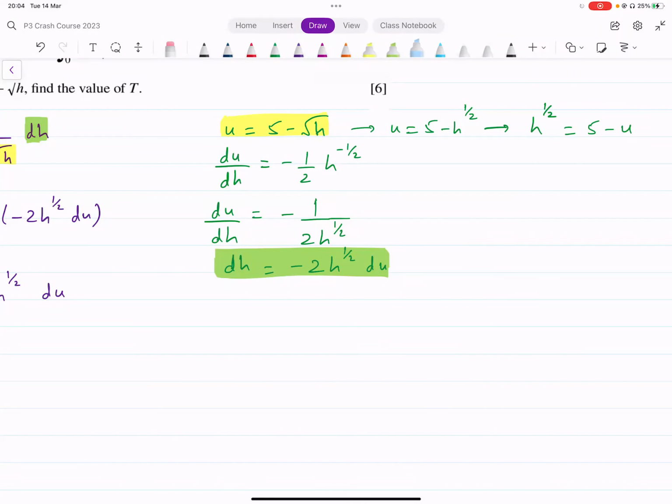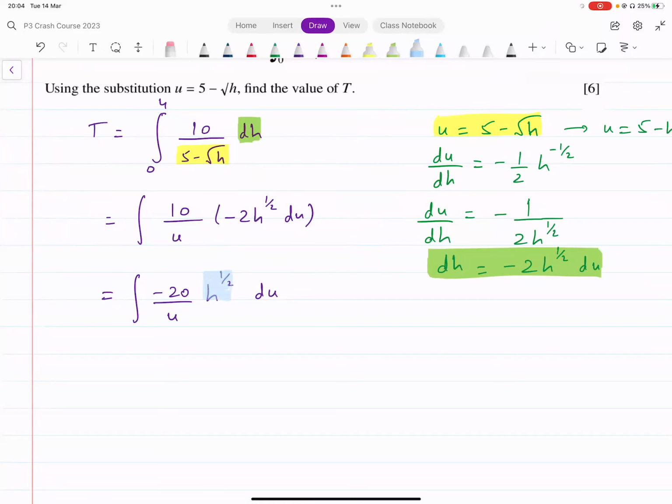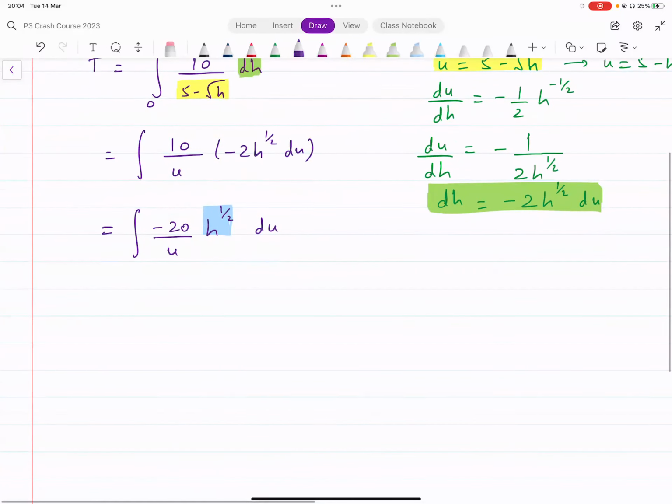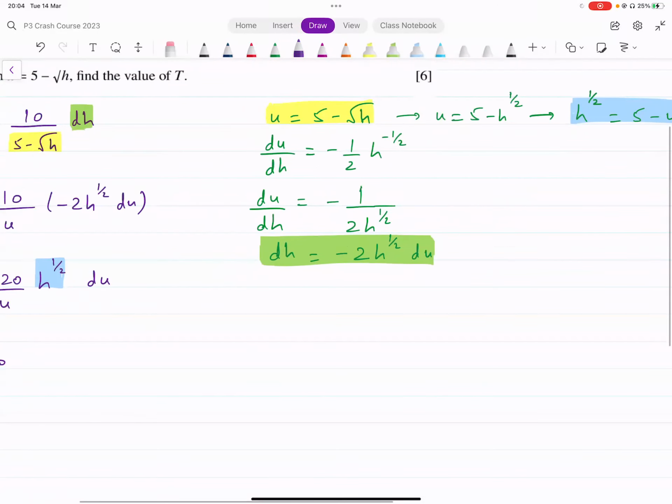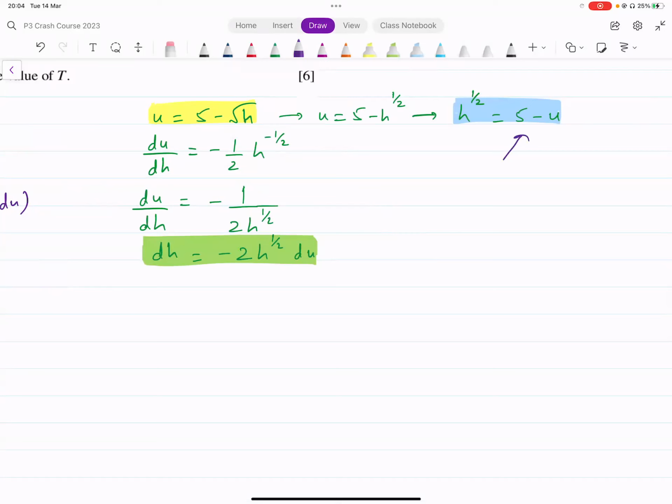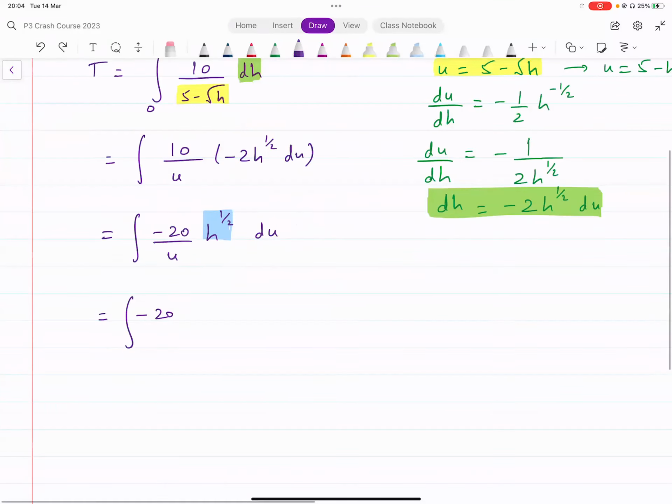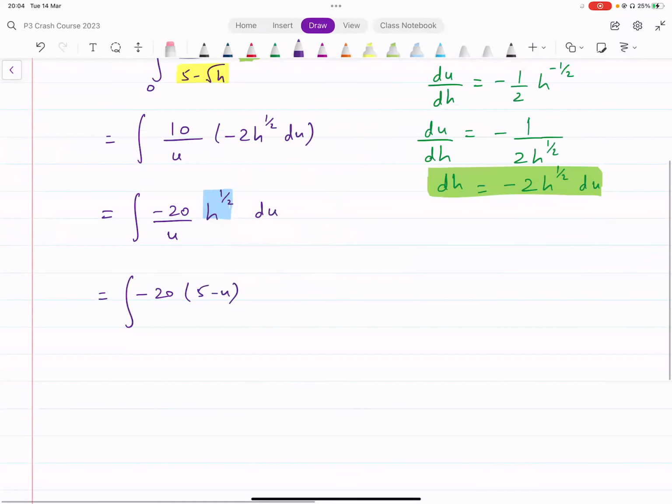So instead of h power 1 over 2, we can input that substitution, so that it becomes minus 20 into 5 minus u, and in the denominator, we have u, and then we need to integrate this with respect to u. Now, everything is converted to something in terms of u at this point. Okay, so now this is something that we can integrate.